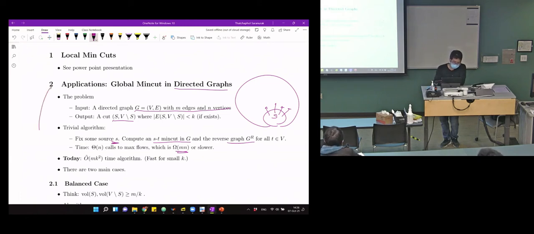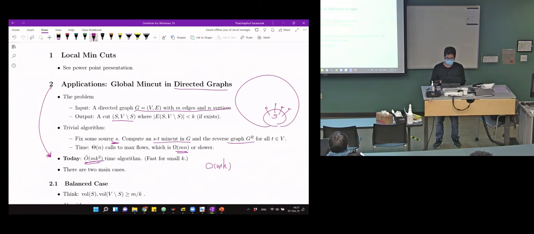But using the local algorithm that I mentioned, you can actually improve it to m k squared. I will talk about this tomorrow. I will skip to another technique. And by the way, there is another algorithm that takes m k time.